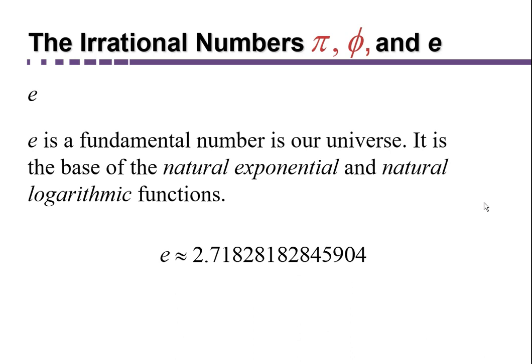Now, another super famous number, and again, you may never have heard of it, is the letter E. Our textbook shows how they go about getting this. It was developed by a mathematician whose name is spelled E-U-L-E-R.